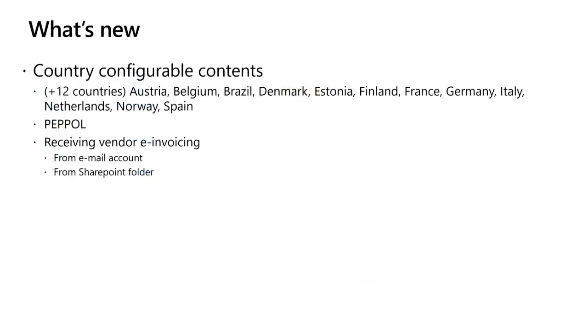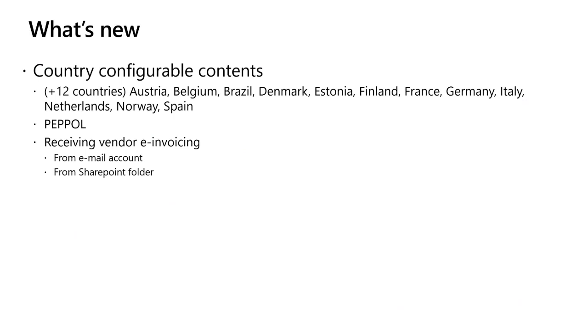Thank you, Dimitri. So, moving forward, what is new? In April, we released the electronic invoicing service and the configuration for Egypt. In this release, we are releasing the configuration for 12 more countries: Austria, Belgium, Brazil, Denmark, Estonia, Finland, France, Germany, Italy, Netherlands, Norway, and Spain, plus the formats for PEPPOL, which many countries, even outside Europe, adopt as the standard.